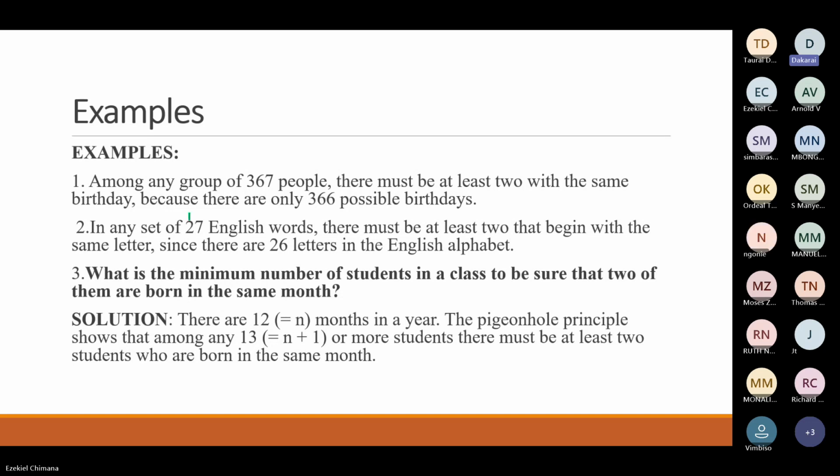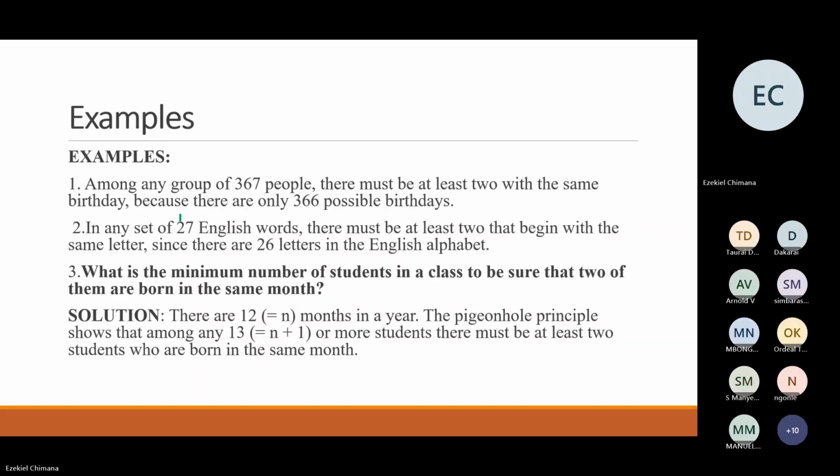13, just because we have 12 months in a year. If we assign each student a month, we'll have 12 students born in 12 distinct months.